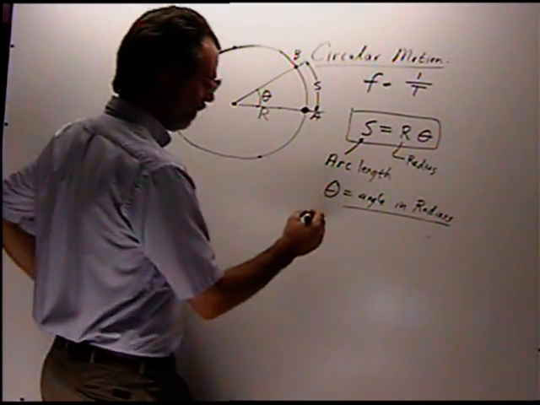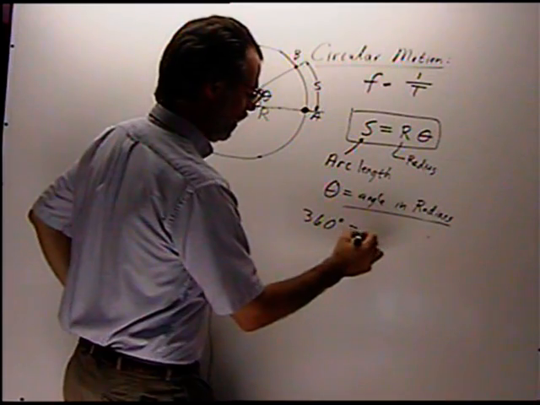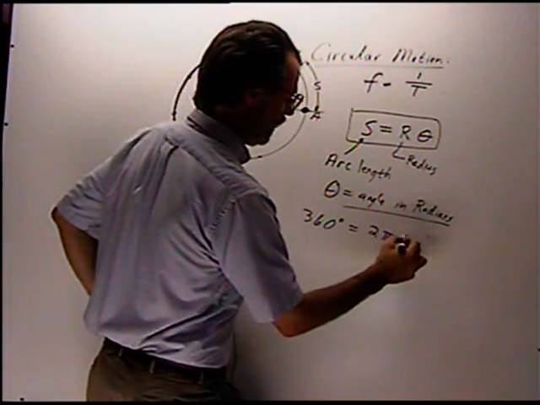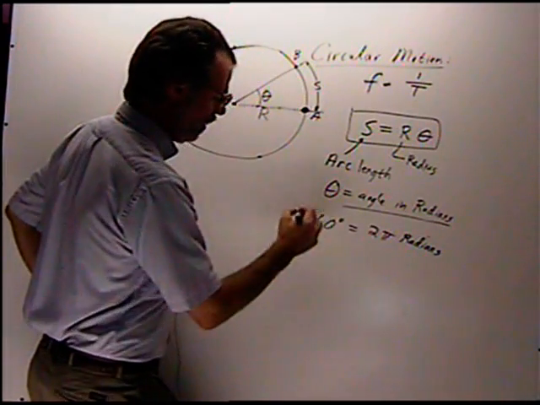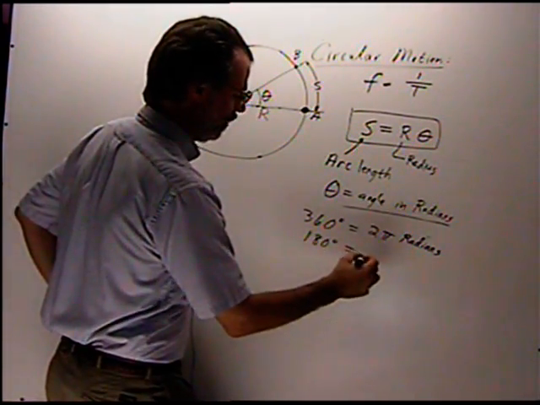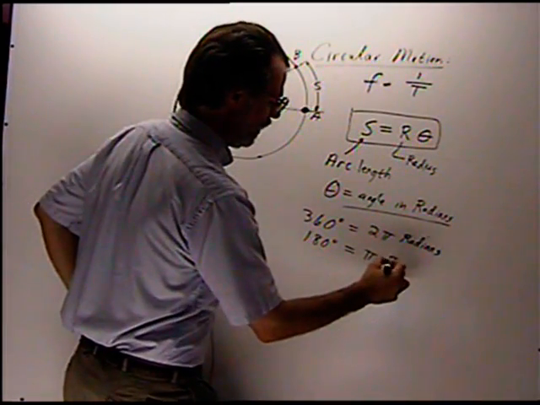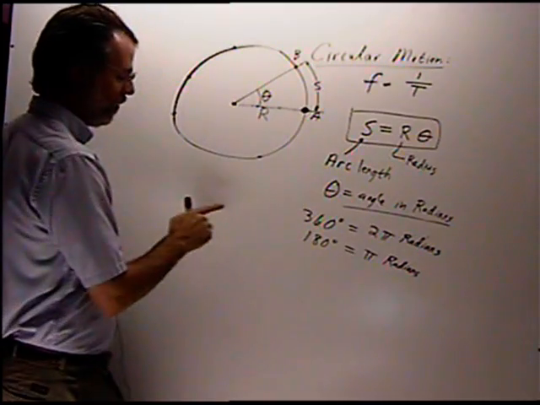Now, remember, 360 degrees equals 2 pi radians, which means if you divide by 2, 180 degrees equals pi radians. You will hopefully remember that.